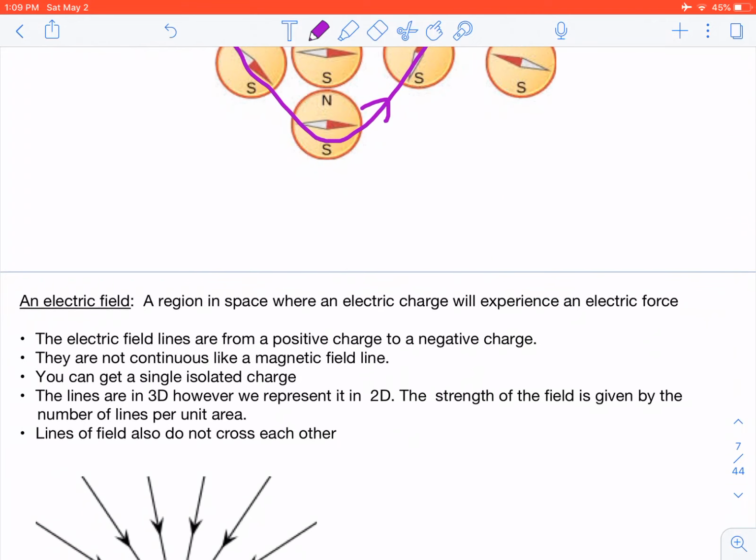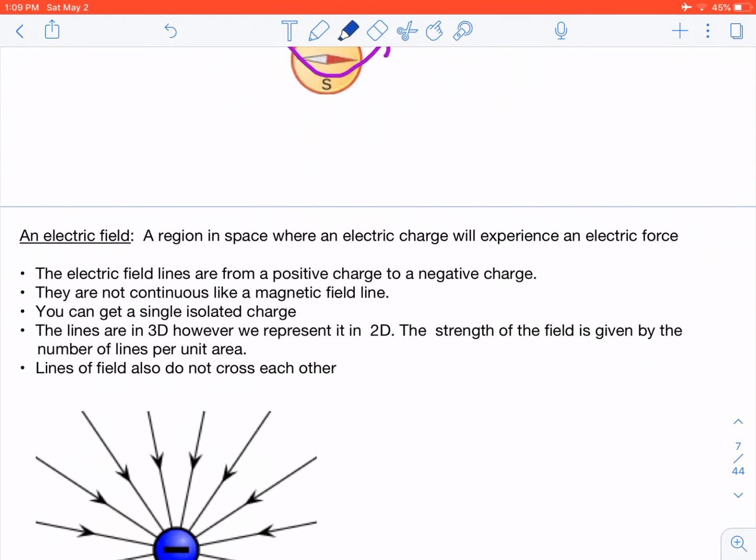So let's look at an electric field. An electric field is a region in space where an electric charge experiences an electric force. And electric field lines go from positive charge to negative charge.